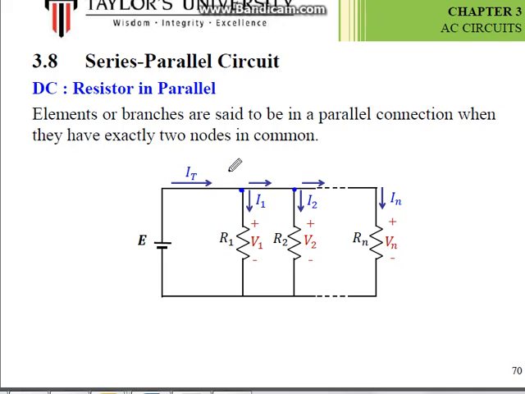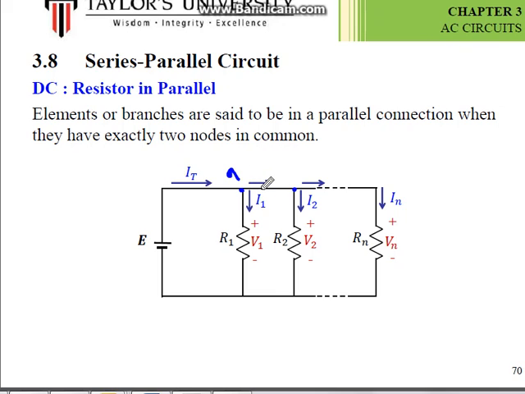If this is node A, I also call this node A, provided that there is no other element, meaning resistors or anything, separating the two nodes. Usually we call resistors parallel when they share common nodes. In this case, here and here is the same node, and here and here is the same node. Why do we call it the same node?